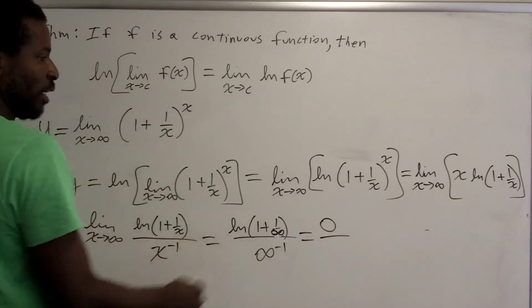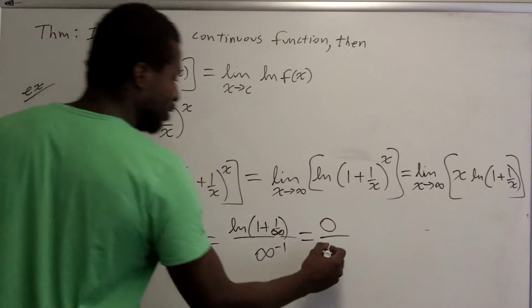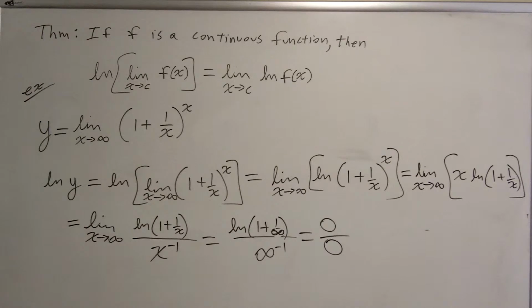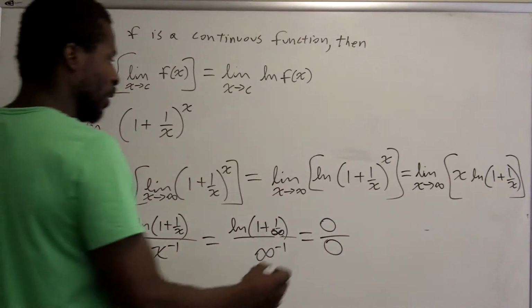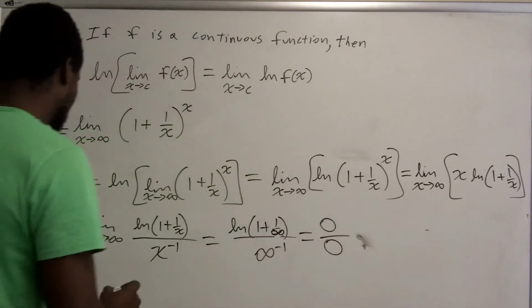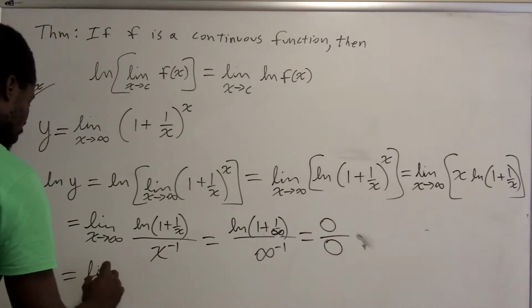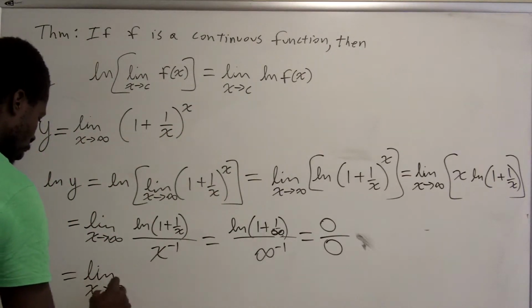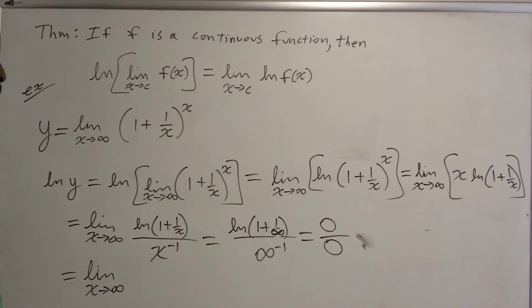And infinity to the negative 1 power is 1 over infinity, which is also 0. So there I have an indeterminate form that I can use L'Hopital's rule on. So I'm going to calculate the limit as x approaches infinity of the quotient of the two derivatives.